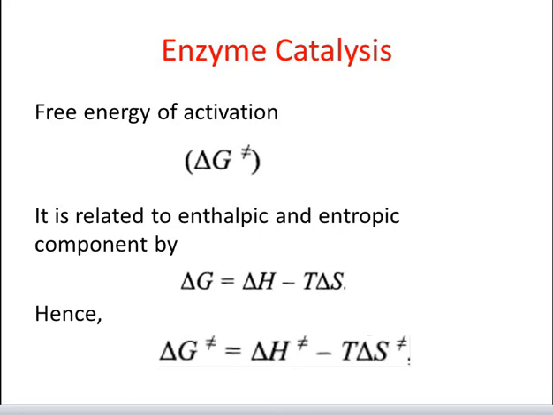There is a great loss of entropy when reactants lose their random existence in free solution to become bound in the transition state. So minus T delta S‡ will generally have a large positive value, possibly making up about half of the total free energy of activation where there is more than one reactant.